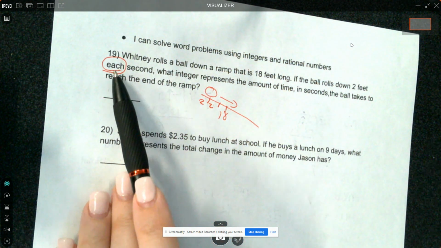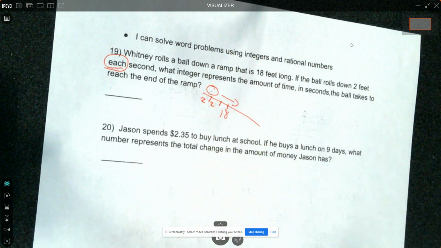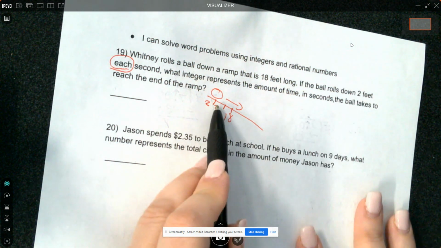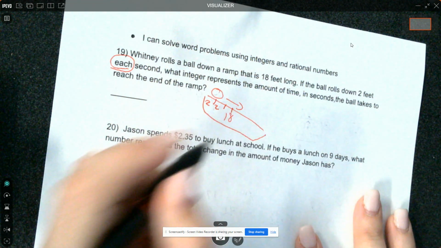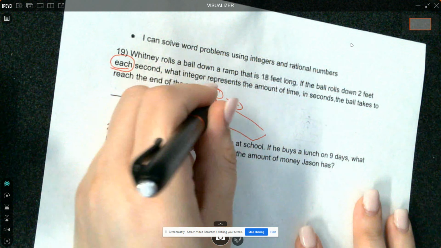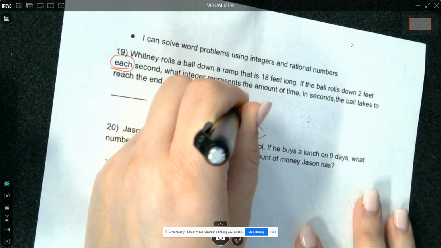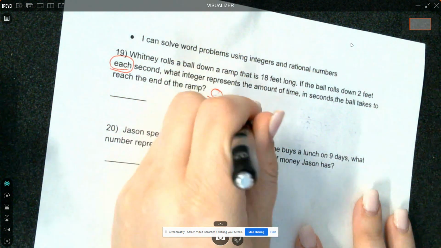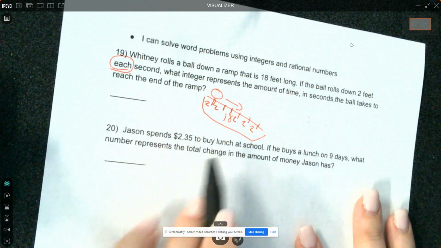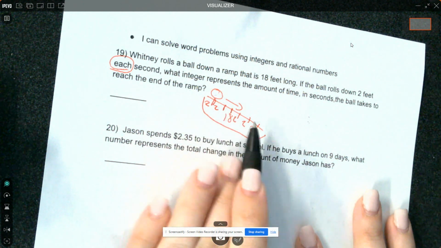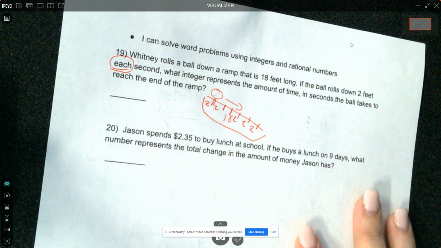Each means to multiply, but that answer doesn't make that much sense. Because again, we have our picture. This entire ramp is 18 feet. If I divide these into 2 feet increments, because that's how long each second it goes 2 feet, how many seconds is it going to take to get to 18?